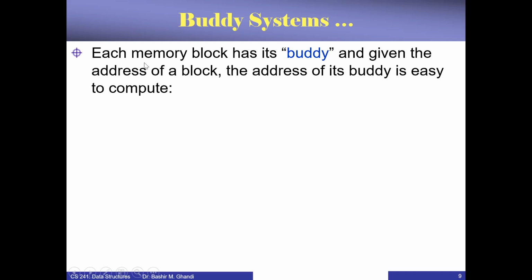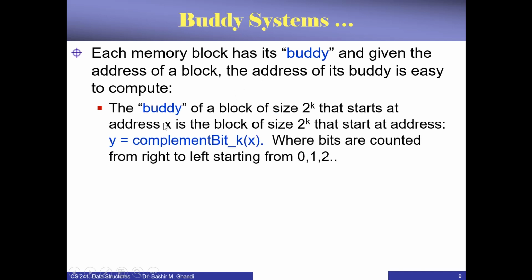Here it says each memory block has its buddy, and given the address of a block, the address of its buddy is very easy to compute. This is actually one of the most important aspects of this buddy system. Computing the address of your buddy, if you know the address of the block and the size, is very easy.